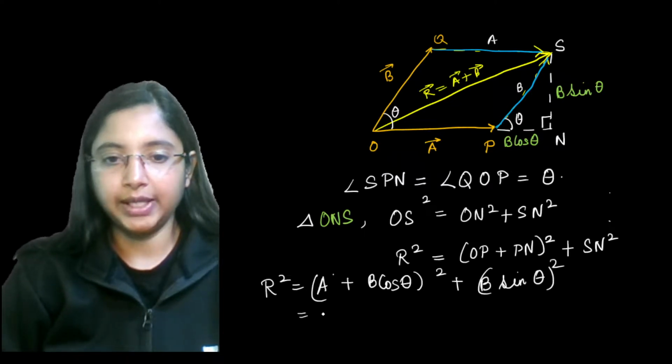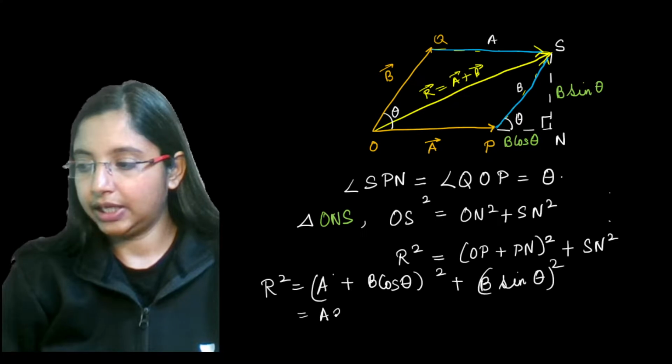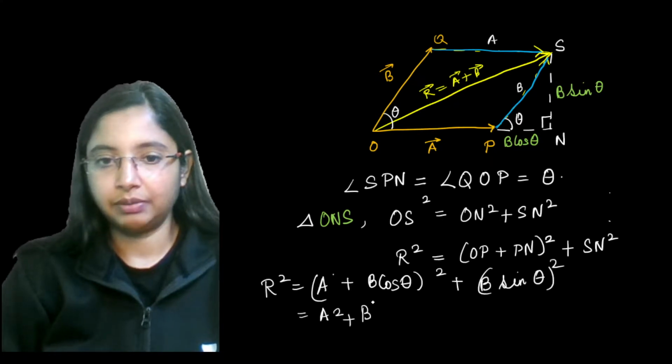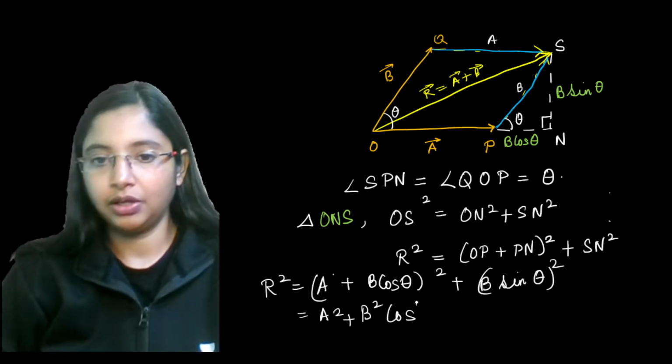If we try to expand this, you will have A square plus B square cos square theta plus B square sin square theta.